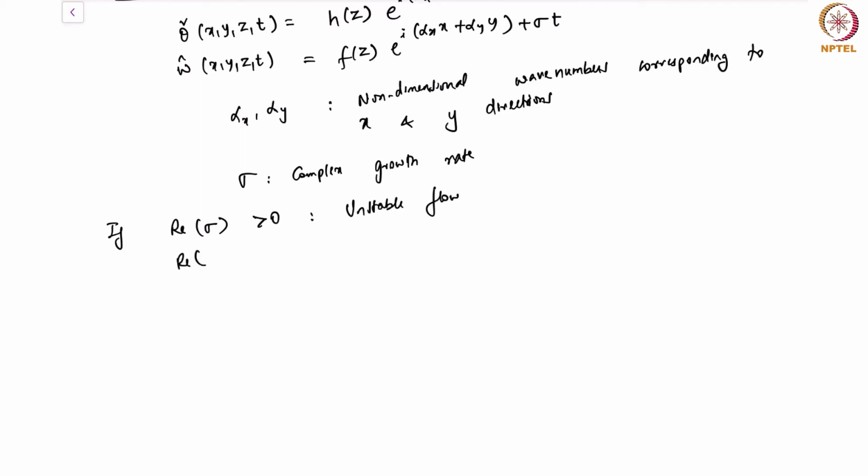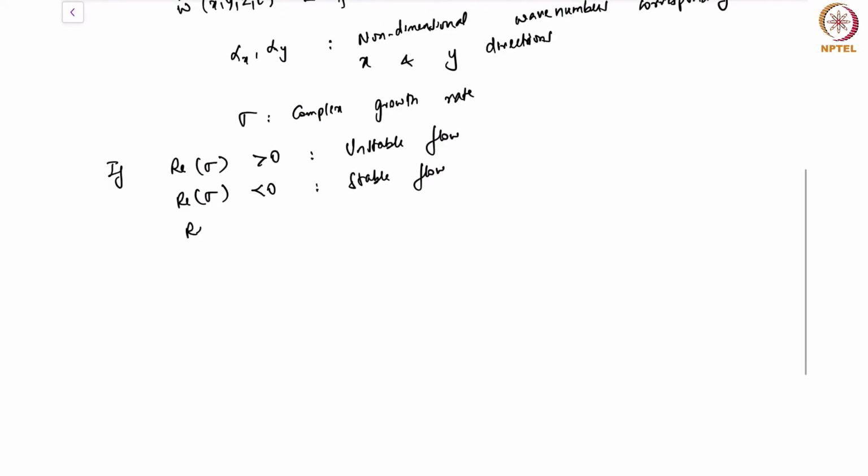If the real part of sigma is less than 0, we have a stable flow. And if the real part of sigma is equal to 0, then we have a neutral or marginal stability situation.